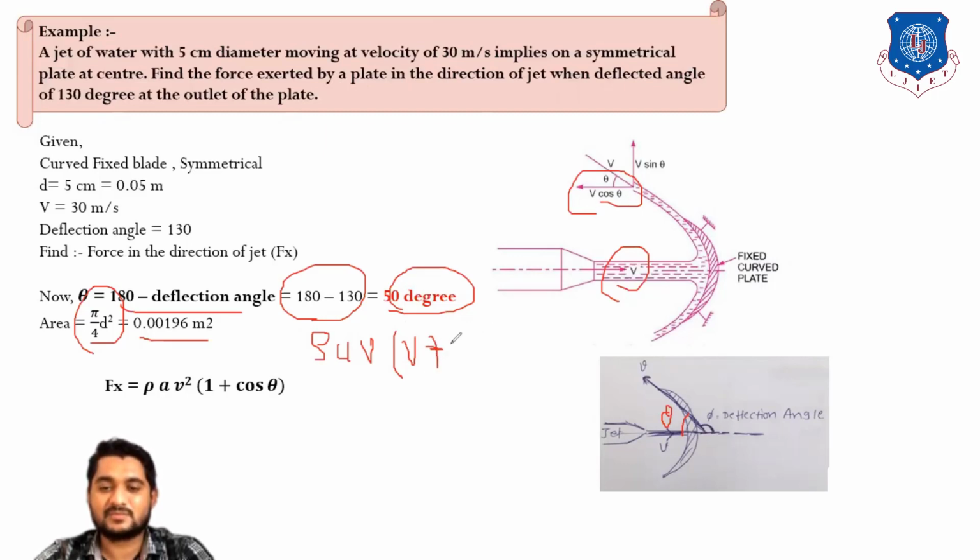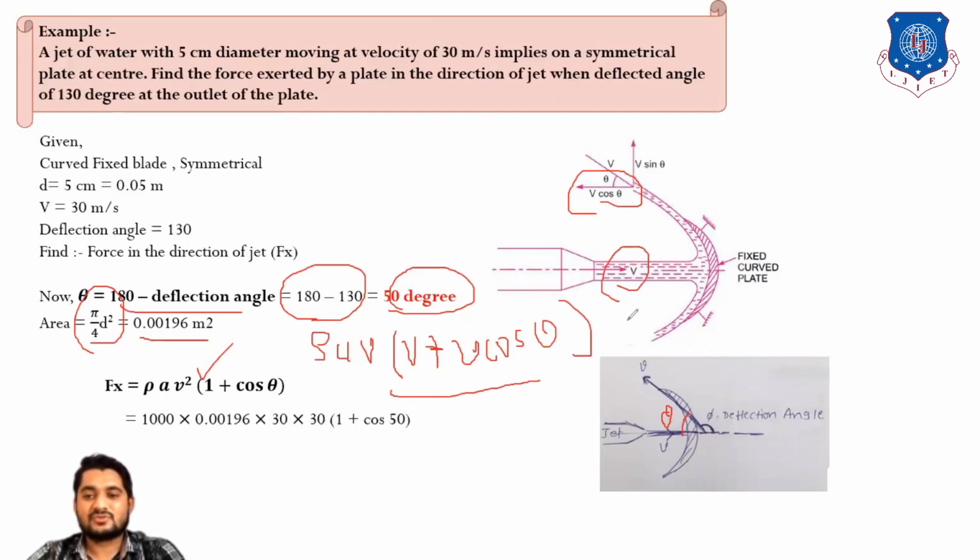So minus minus plus v cos theta. Let us take v as common. So rho a v square into 1 plus cos theta is the value of Fx. In the examination also you don't have to remember this equation, but you simply have to derive the equation in one step.